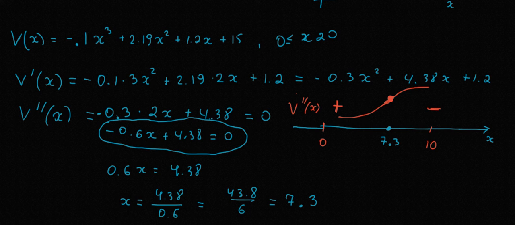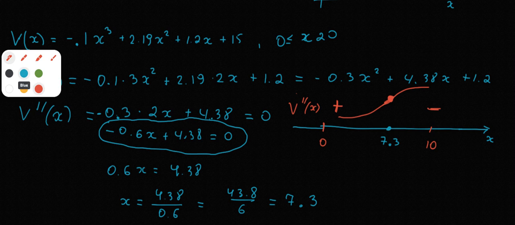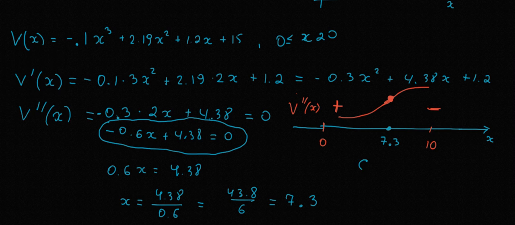I will not do this calculation here, but I'll just write here that that is another thing that we need to check. The value of the first derivative at 7.3 is positive, and that is indeed the case. So our answer is that the point of diminishing returns is x equals 7.3.